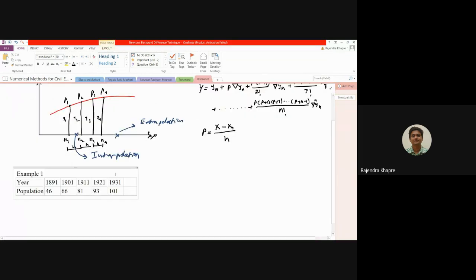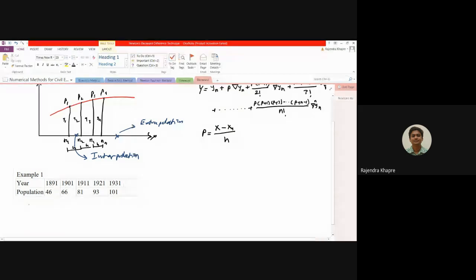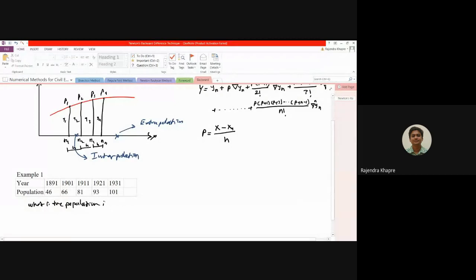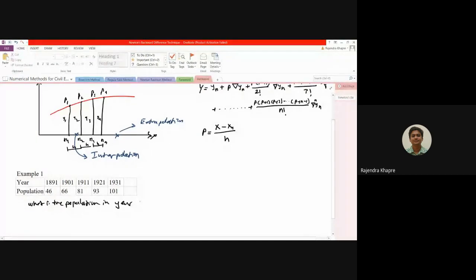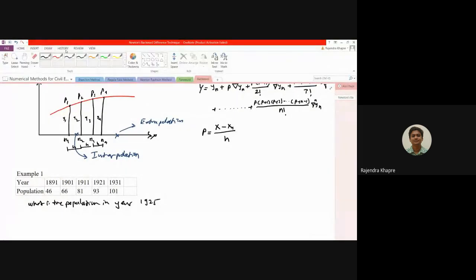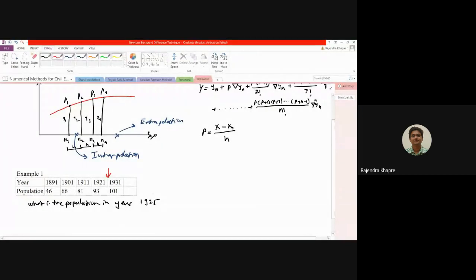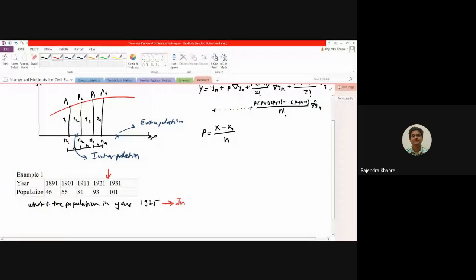This time we will use a different year, and let us try to find out the population in the year, say, 1925. If you see, this 1925 is lying within the data set. So will this be called interpolation or extrapolation? Interpolation. Yes, this is the interpolation case.